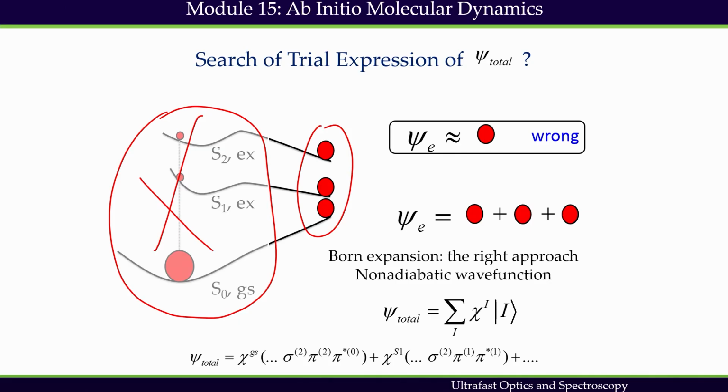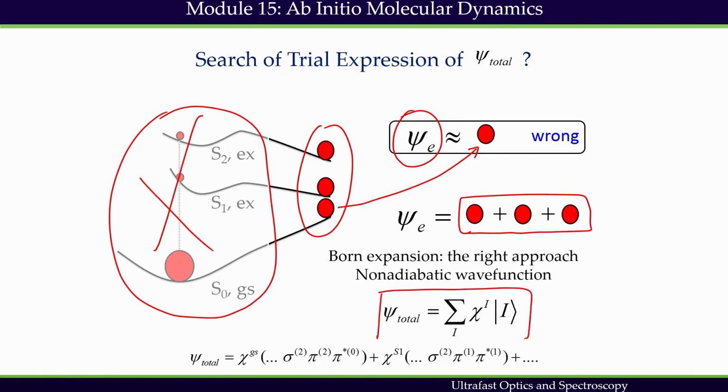In that case, one cannot say that this electronic part can be represented by a single configuration. It should be an addition of multiple configurations. So the total electronic wave function cannot be represented by a single electronic state. Rather, it has to be represented by a summation of different electronic states.